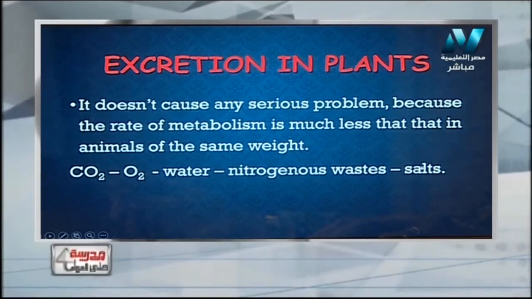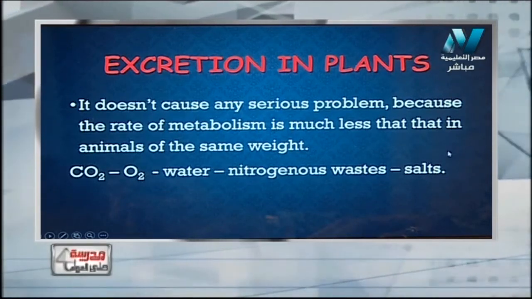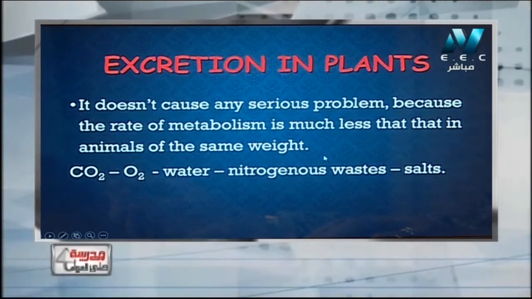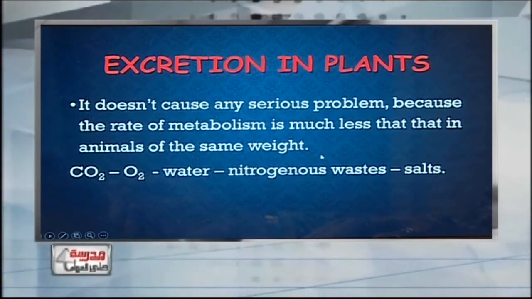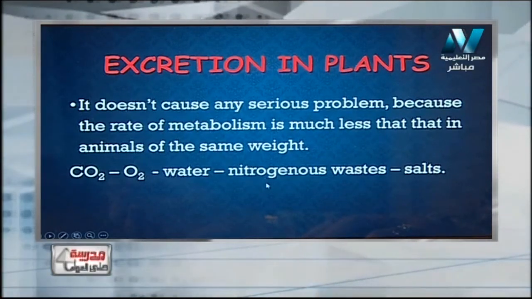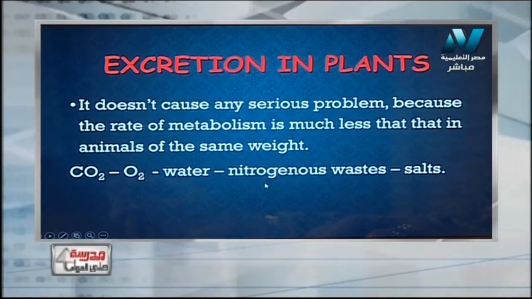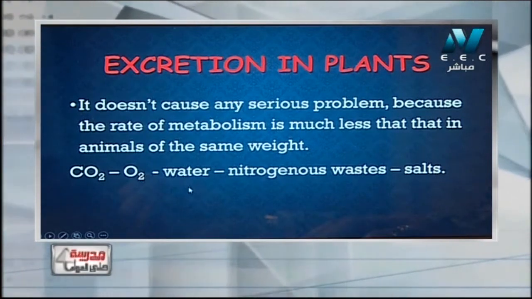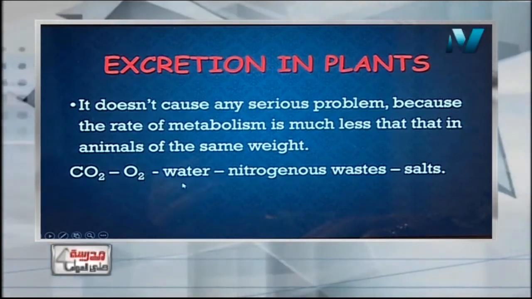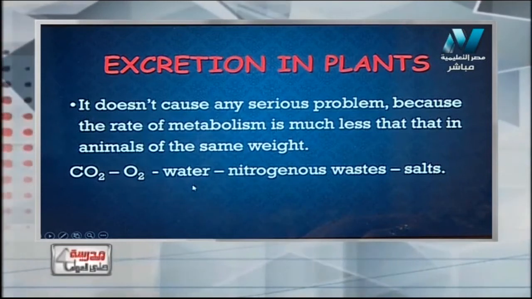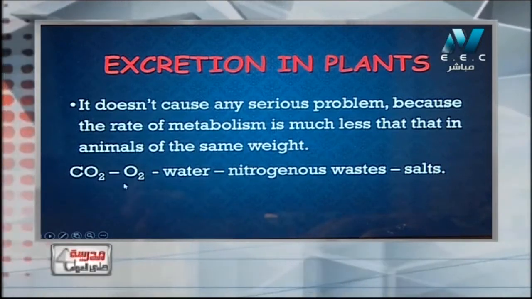But sometimes these salts are organic salts, so the plant stores them as insoluble salts or insoluble crystals found in the cell, which does not harm any function of the cell. So as we see here, many organs in the plant can be used to carry out excretion of the waste materials.